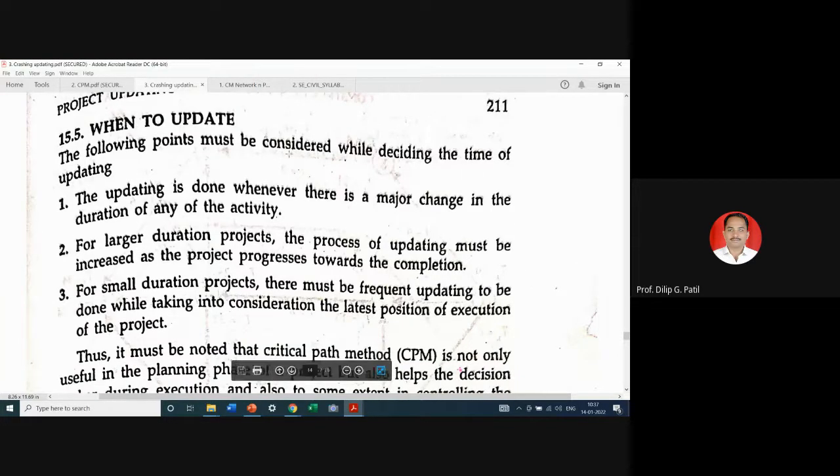The following points must be considered while deciding the time of updating. The updating is done whenever there is a major change in the duration of any activity.